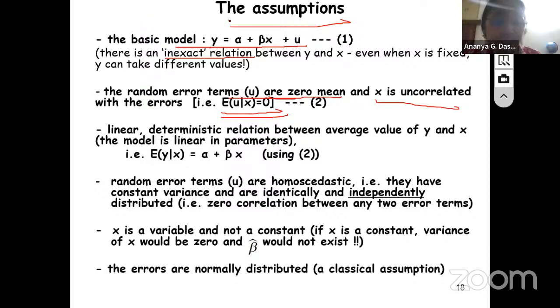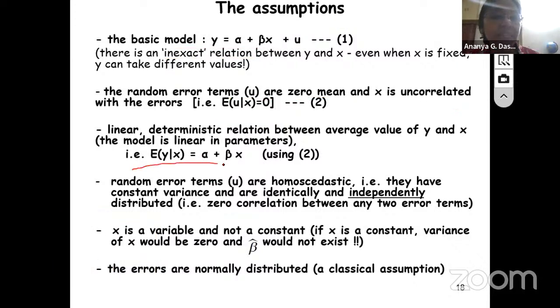Now, using this particular assumption number 2, what we can see is the following: if I take expectations of both sides of 1, so if I'm looking at the average, remember expected value is nothing but the average of a random variable. So the average value of y given x is equal to alpha plus beta x.